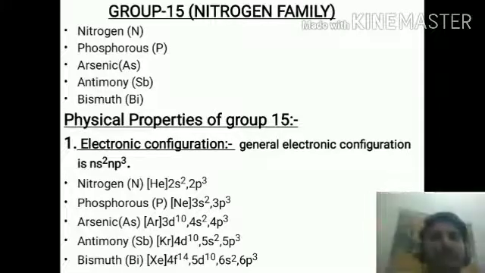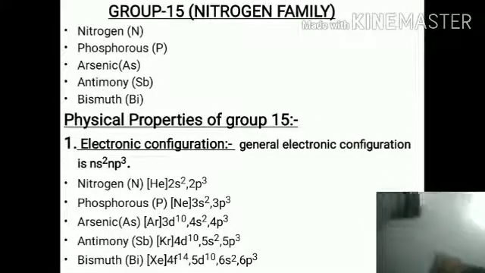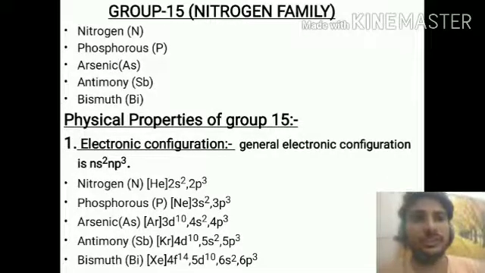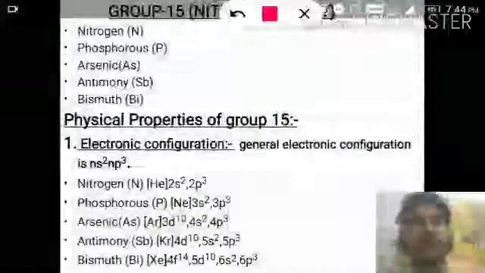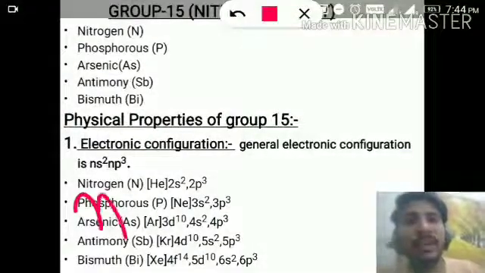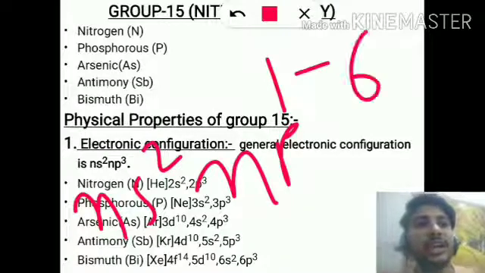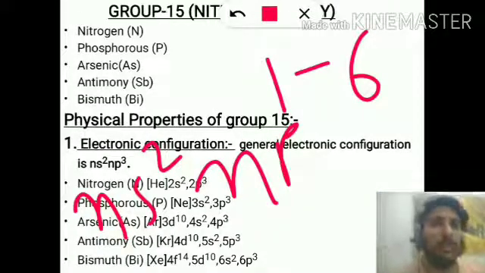The general electronic configuration of the P block is ns2 np1 to 6. That is the general electronic configuration of the P block elements.